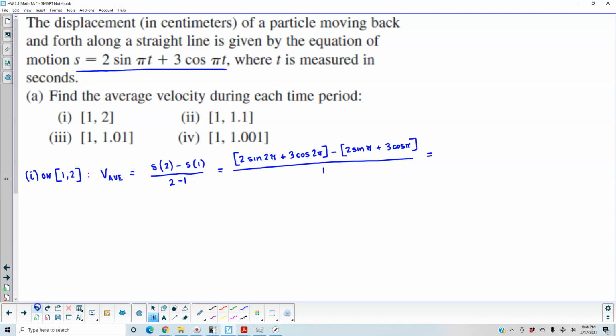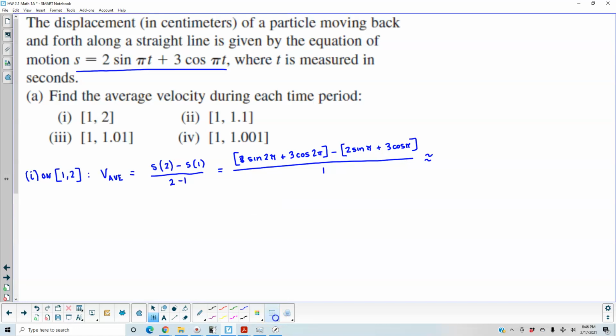Okay, so this is going to give us approximately the following values.